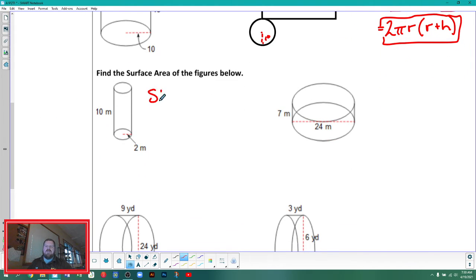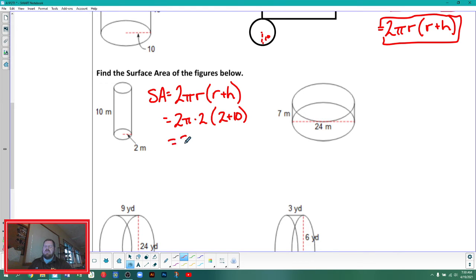So if I'm looking for surface area, I'm looking for 2 pi r times r plus h. Let's put the numbers that we have in where they need to go. 2 pi times, wrong one, I'm going to say 10. 2 pi times 2 times 2 plus 10.